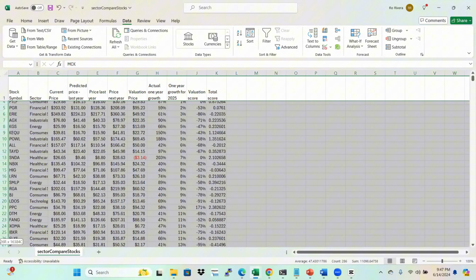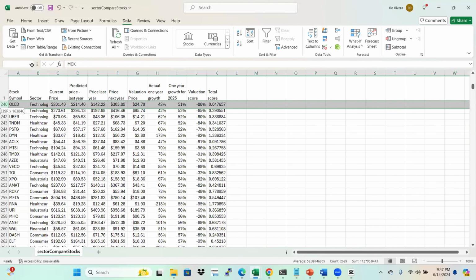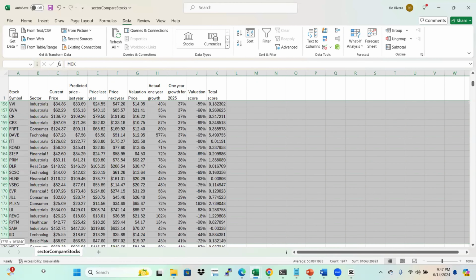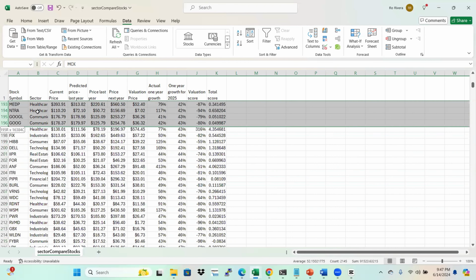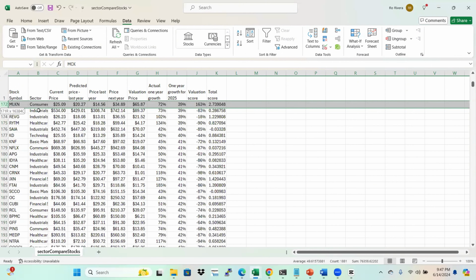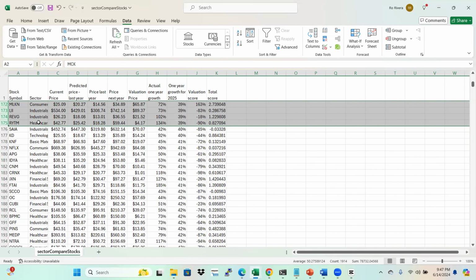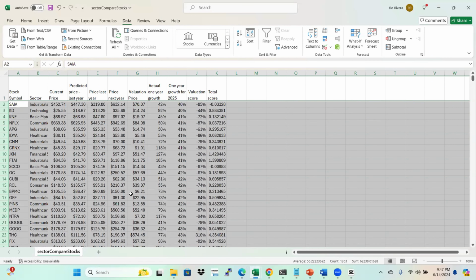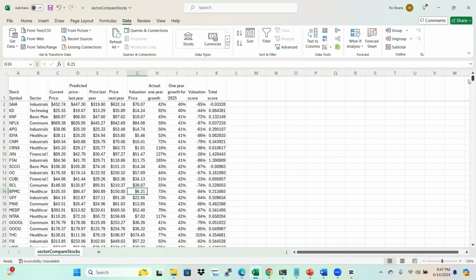And I want to see at least a 40% predicted growth rate. And get rid of those.